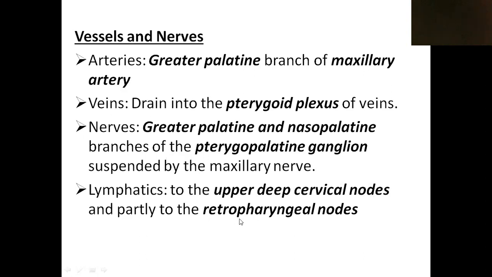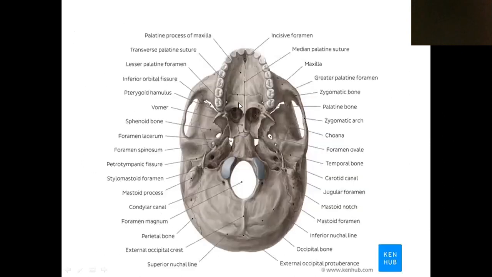Retropharyngeal, as I already told you, means behind the pharynx. So lymphatic drainage is into these two groups. Nerve supply is the greater palatine and nasopalatine branches of the pterygopalatine ganglion. Arterial supply is the greater palatine artery, a branch of the maxillary artery. The venous drainage is into the pterygoid venous plexus. So these are some of the details of the hard palate.